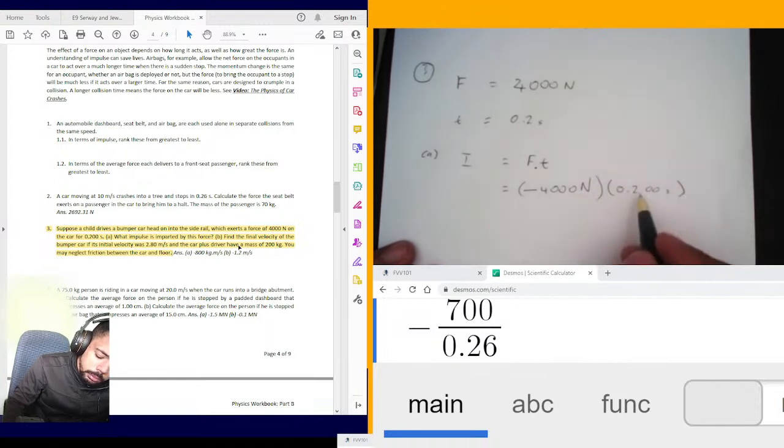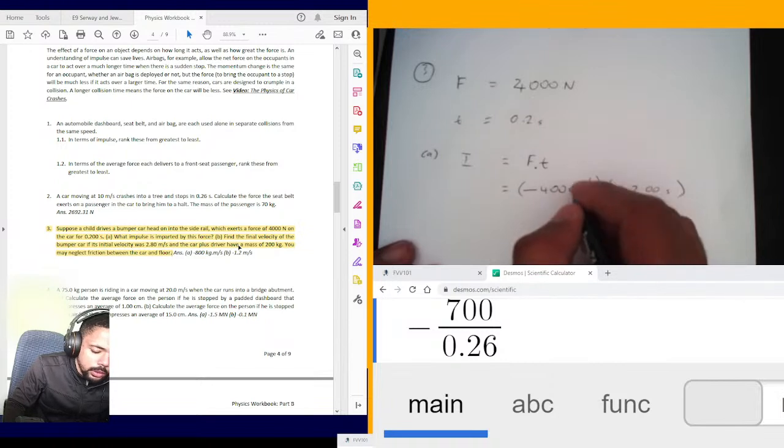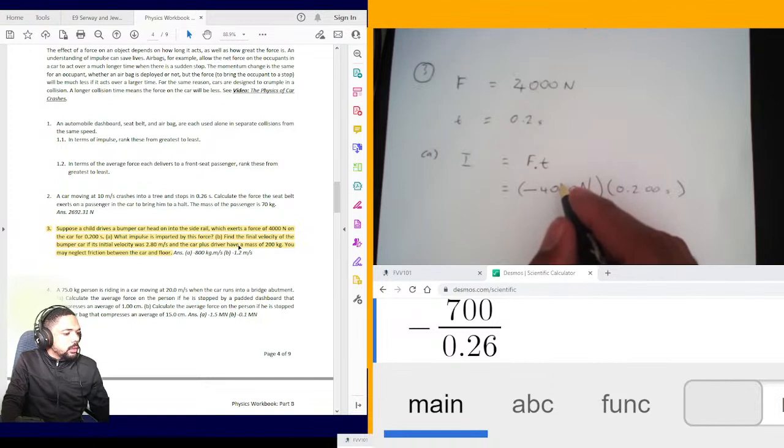So basically 2 divided by 100 times 4,000. Let me just check. 4,000 newtons for 0.2 seconds.